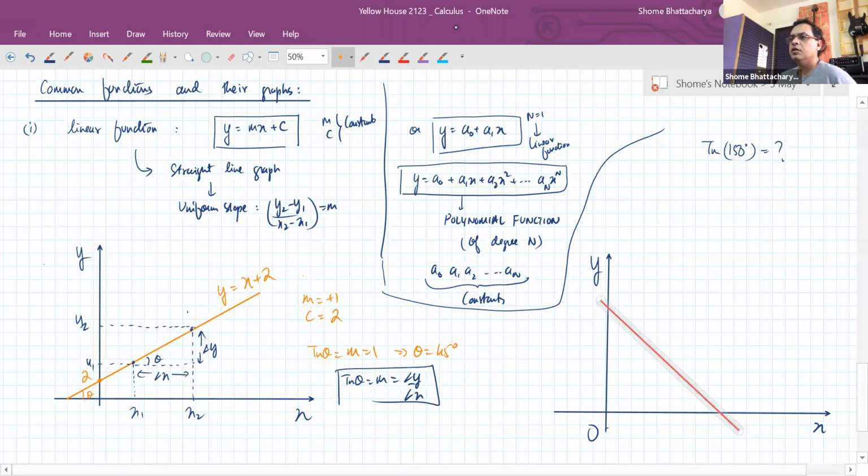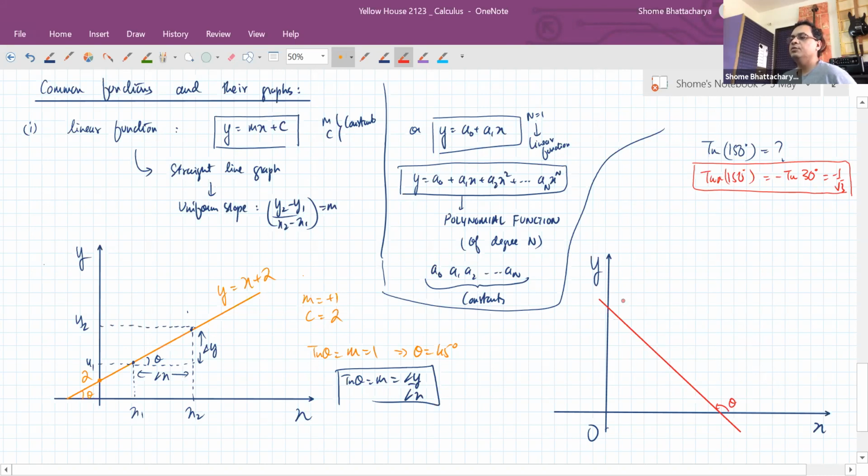Anybody? Sir, minus 1 by root 3. So how do we get this? You know the formula, no? Yes, sir. Tan of 150 will be minus of tan 30 degrees. Okay. That is minus 1 by root 3. ASTC rule, no, you must have done. Yes. So as you can see, whenever theta becomes obtuse, tan theta becomes negative.